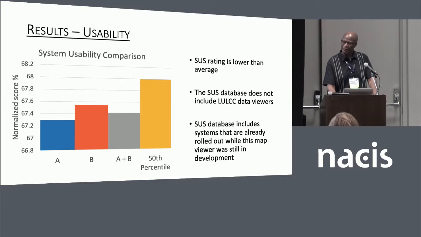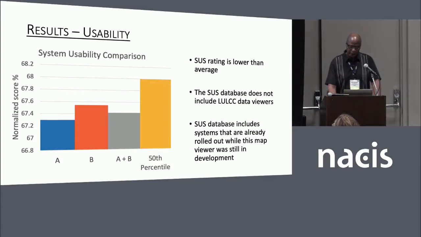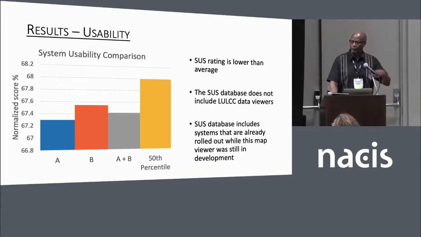And that should not be surprising because that database does not have much of land use, land cover map viewers contained in there. And so there were slightly different types of devices that we're comparing. As well, we noted that this device was still in development, whereas all the database that we are comparing against were already rolled out and actively being used.